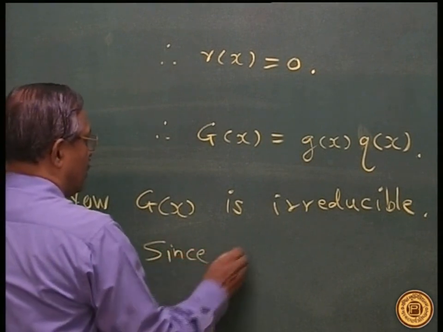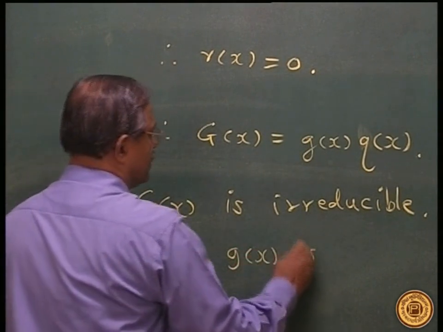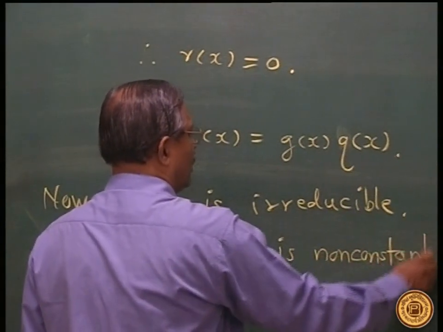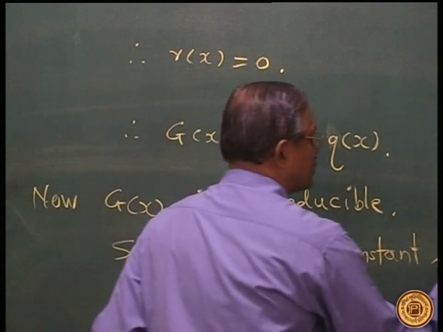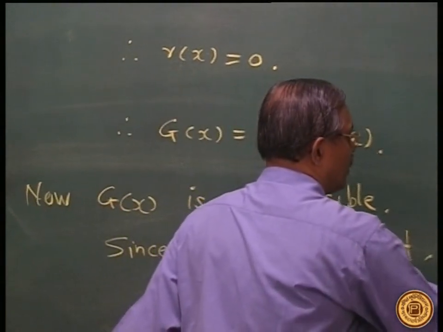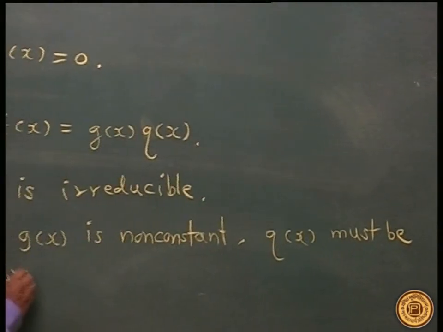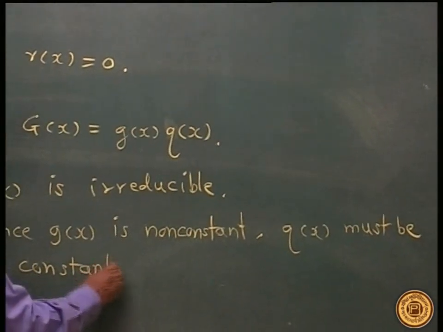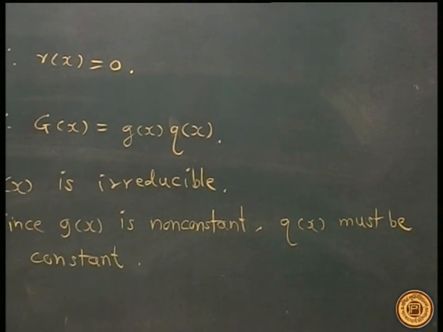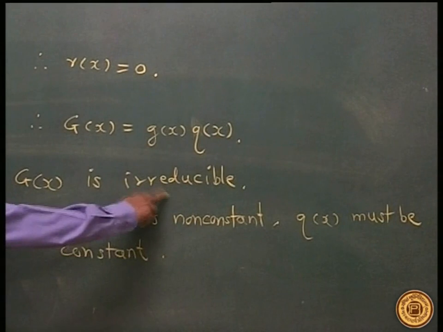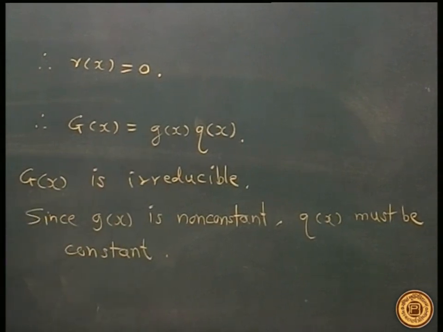Since g(x) is non-constant, q(x) must be constant, that is of degree 0. This is because G(x) is irreducible. Now what is this constant?